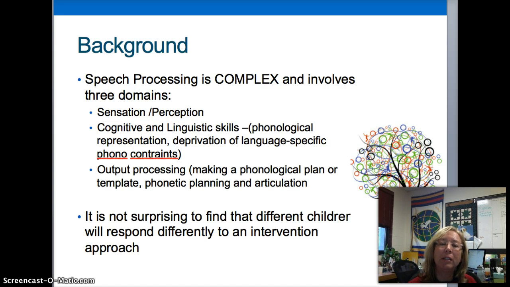The background for this approach is that speech processing is very complicated. Obviously, it involves several domains. One domain is first you have to have a sensation. You have to perceive that sound is there and perceive the words being spoken. Then cognitively and linguistically, you have to recognize those chains of sounds, those phonological representations. Sometimes, as we talked about, certain sounds do not become salient to a child.